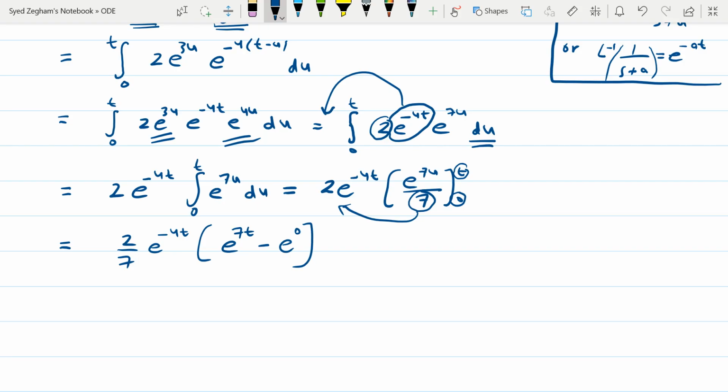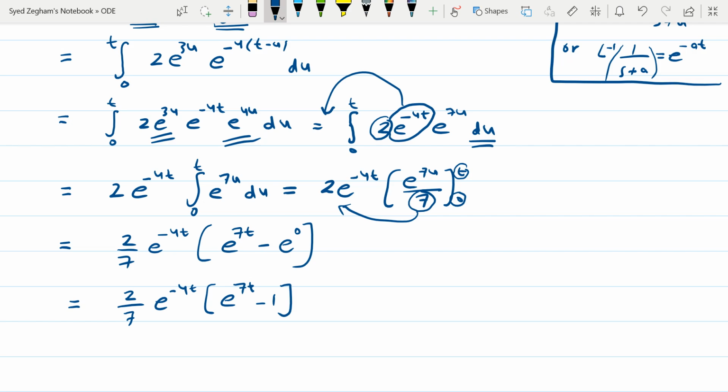So the final answer is 2 by 7 e to the power minus 4t multiplied by (e power 7t minus 1). This is the inverse Laplace transform of the function which was given in the question.